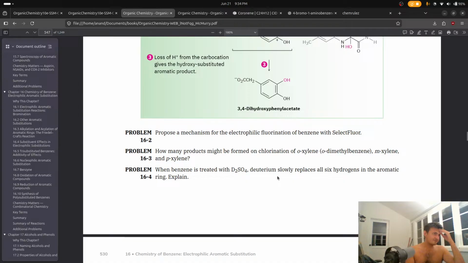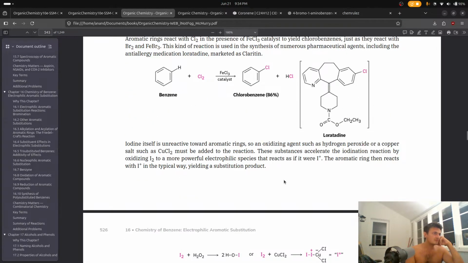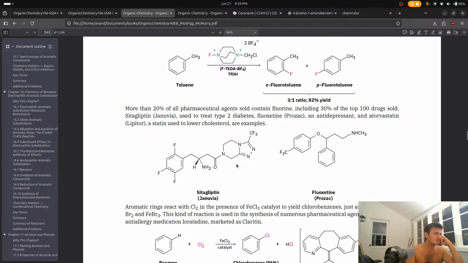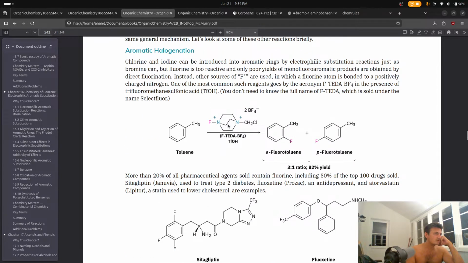Propose a mechanism for the electrophilic fluorination of benzene with Selectfluor. Where was Selectfluor? This is Selectfluor. So here's what happens. This one attacks. I'm not quite sure about why the meta doesn't show up, but that's okay.